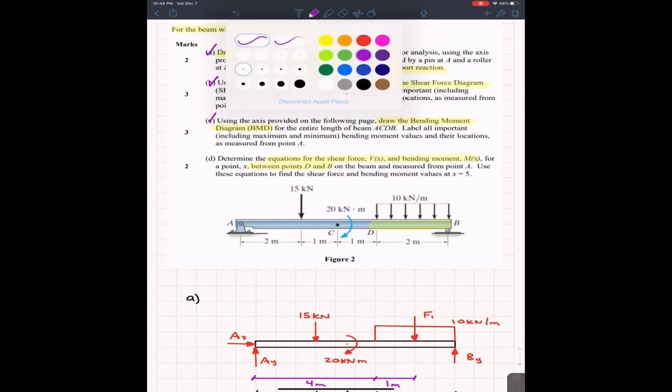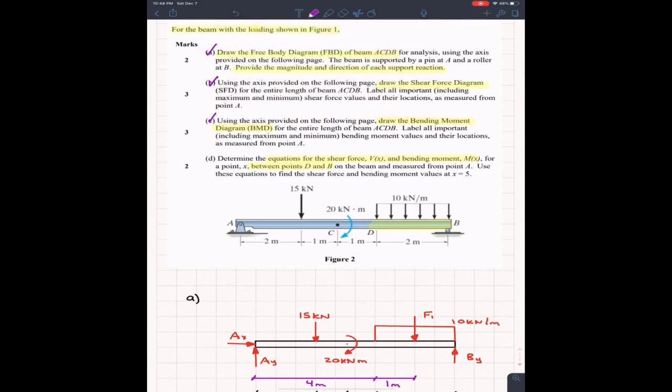And the reason why is because if we were integrating this section of the beam right here, my integral assumes that at point D, x equals 0, which is a problem, because at this question right here, later on it says measured from point A. So what the question would like is for our x to start at A, x equals 0. So this creates a little bit of a problem.